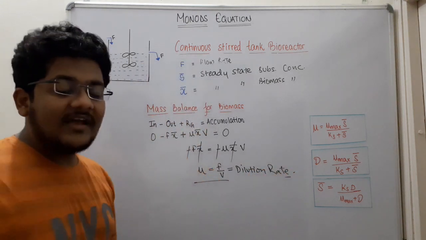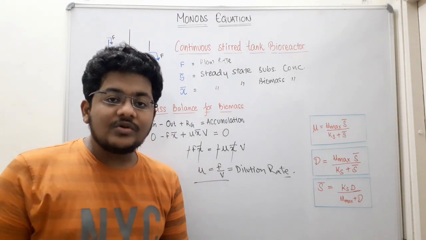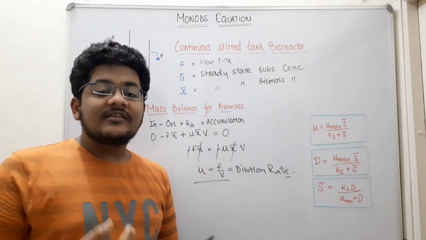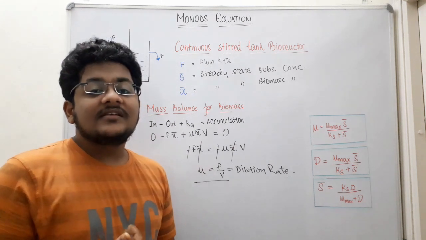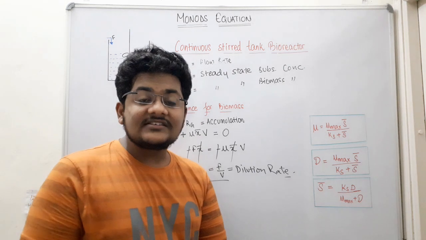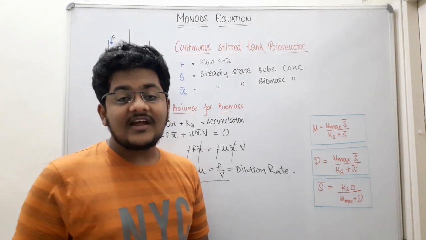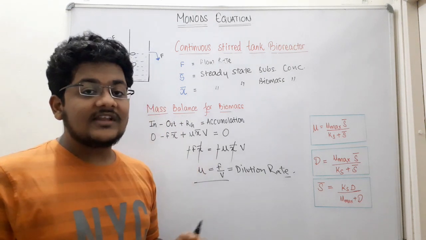So F by V, that is the flow rate per unit volume, represents the dilution rate, and this is a very important term considering the GATE biotechnology exam, because there are many questions related to chemostat and many of them related to the dilution rate.